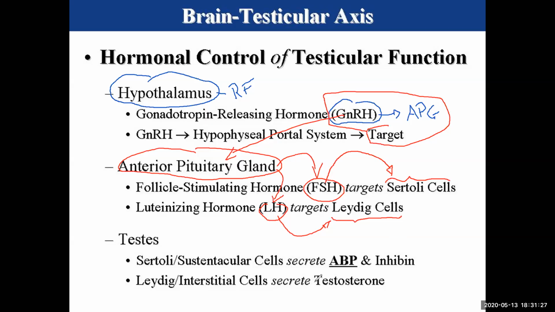And in turn, the Sertoli cells, also known as sustentacular cells, secrete two additional chemical messengers, ABP and inhibin.